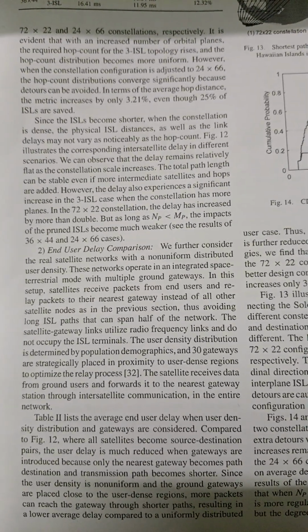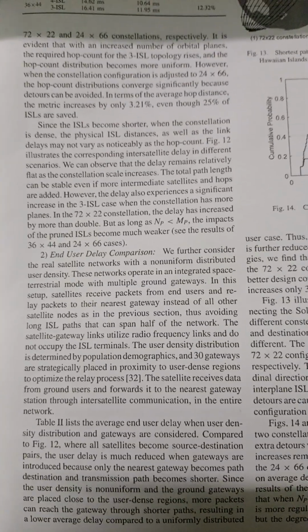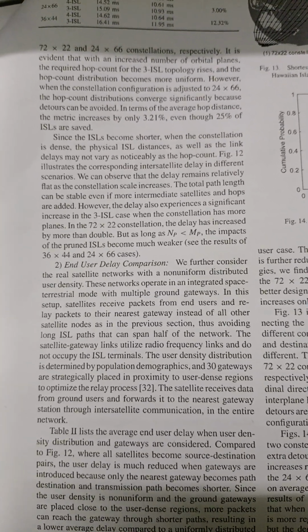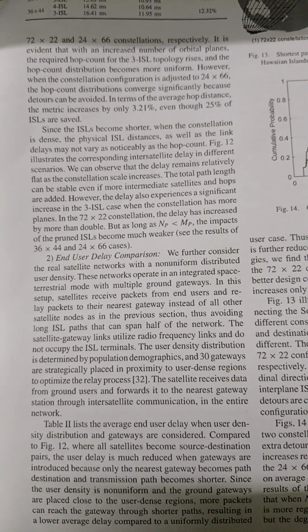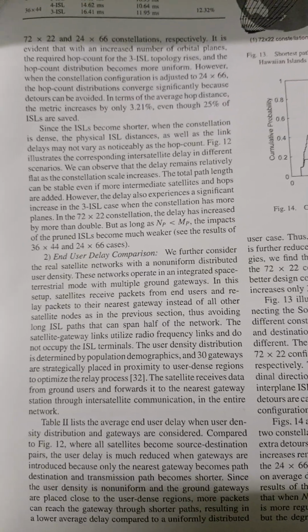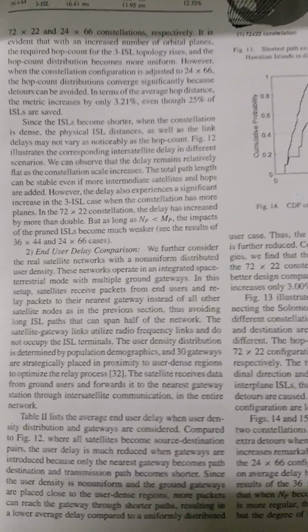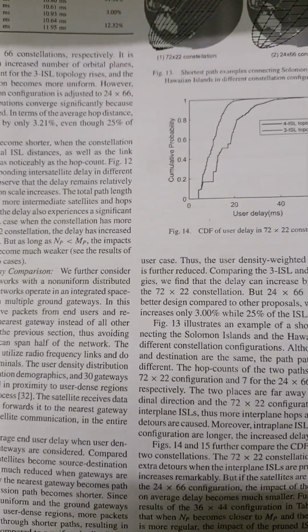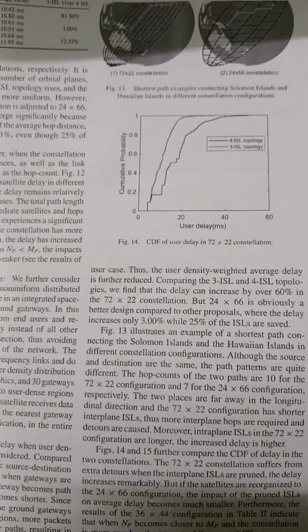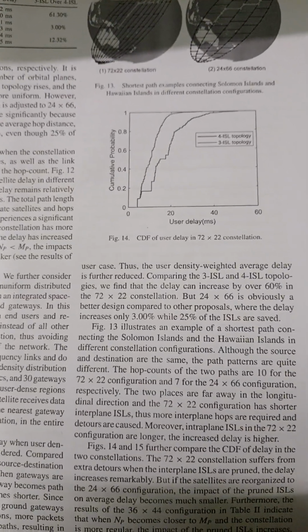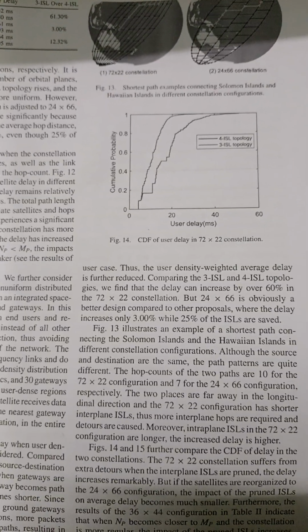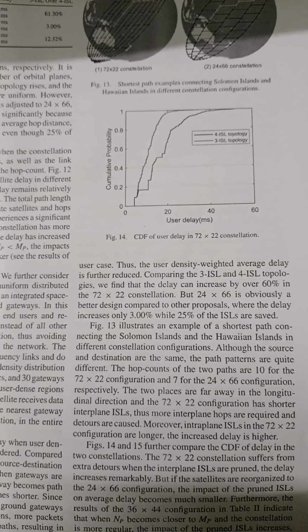Since the user density is non-uniform and the ground gateways are placed close to the user dense regions, more packets can reach the gateway through shorter paths, resulting in a lower average delay compared to uniformly distributed user case. Thus, the user density weighted average delay is further reduced.